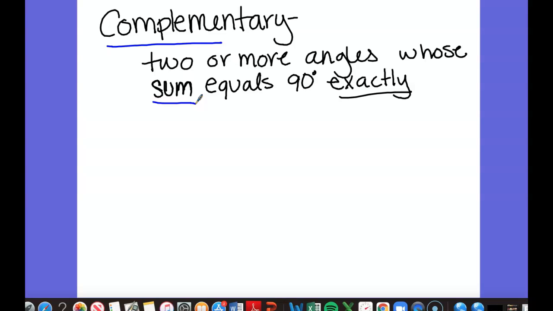Okay? And then we also have supplementary angles.